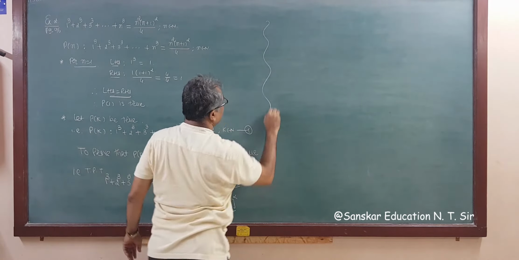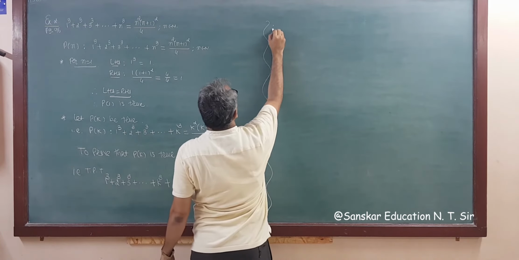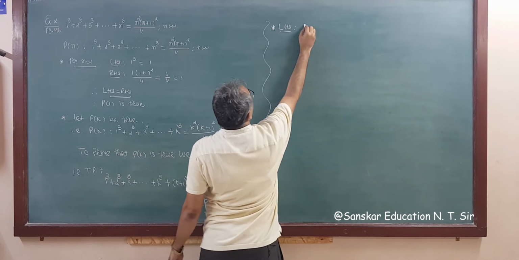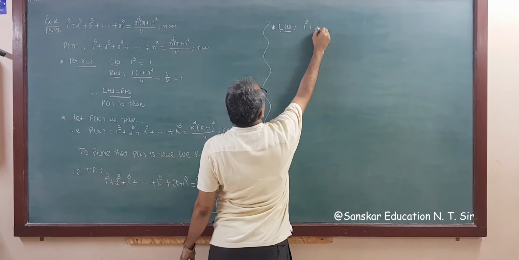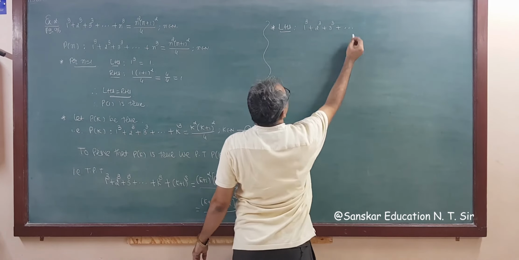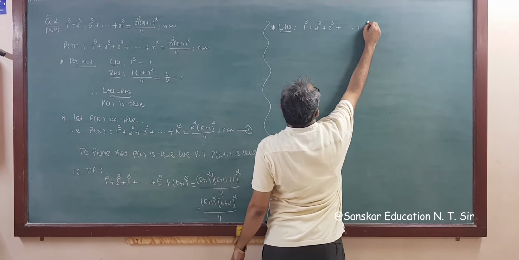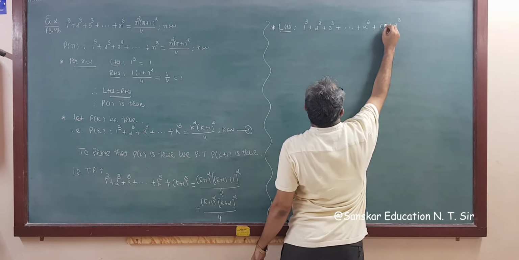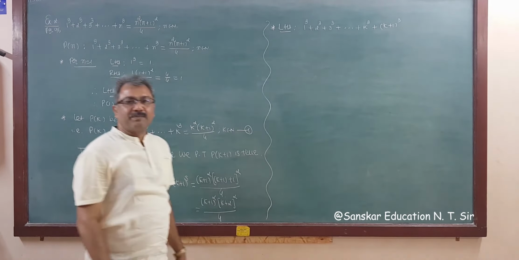So now left hand side. The left hand side is 1 cube plus 2 cube plus 3 cube plus dash plus k cube plus k plus 1 whole cube. This is your left hand side.